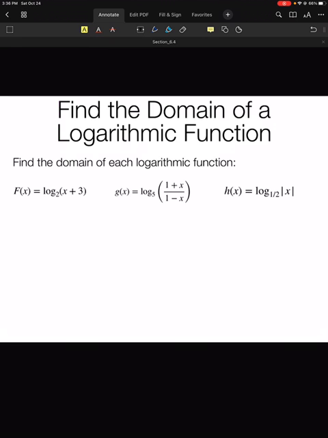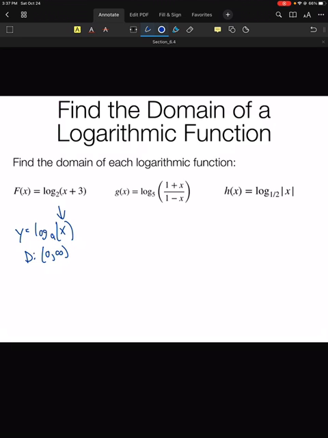I have three examples here. One is easy, two are more challenging, about finding the domain of a logarithmic function that's been transformed somehow. For the base logarithmic function, y equals log base a of x, the domain is 0 to infinity, which means whatever's inside of the parentheses must be positive.